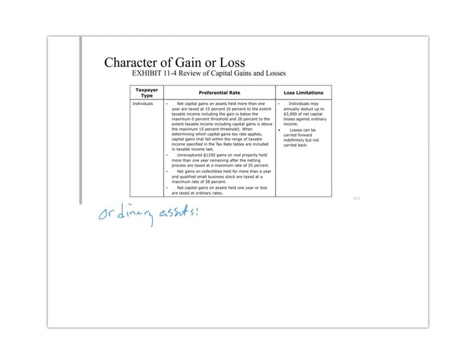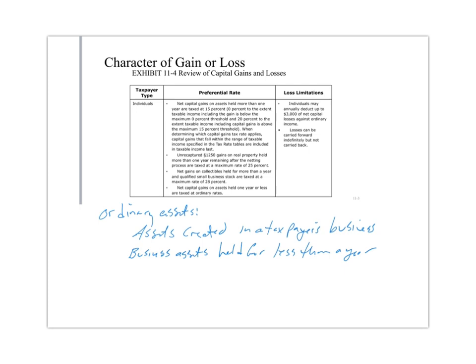You've got several examples of things that would be classified as ordinary assets: assets created in a taxpayer's business, and business assets held for less than a year.